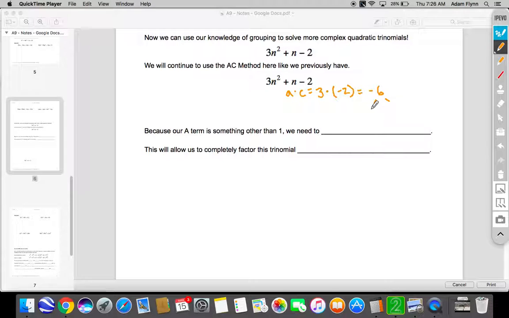So let's try 3 and negative 2. If we add those together, we get 1, which is exactly what we want. But because our A term is something other than 1, we need to do something called splitting the middle term.